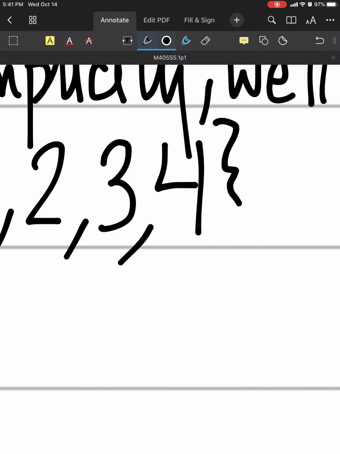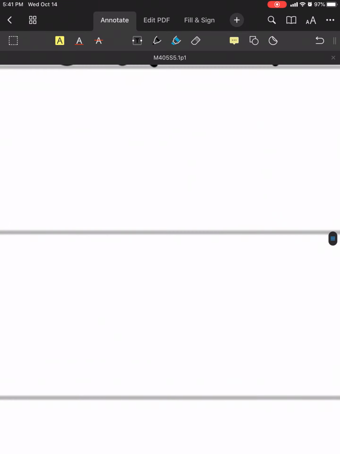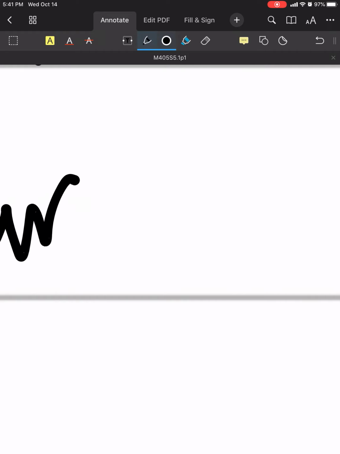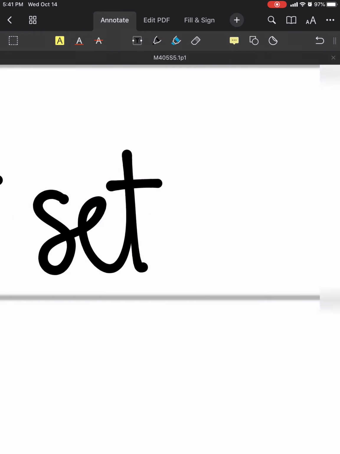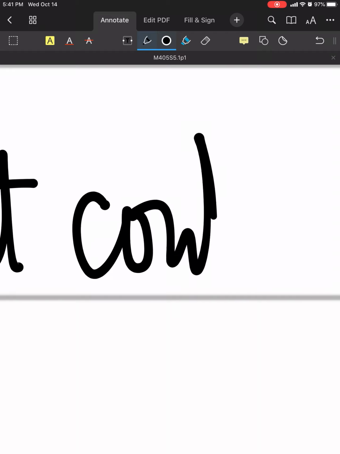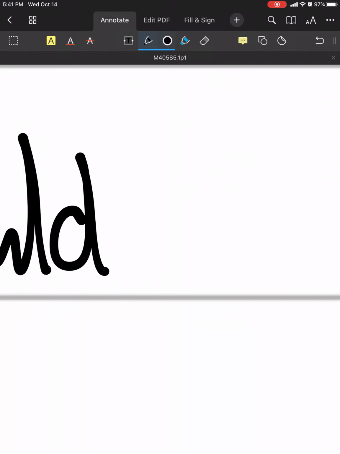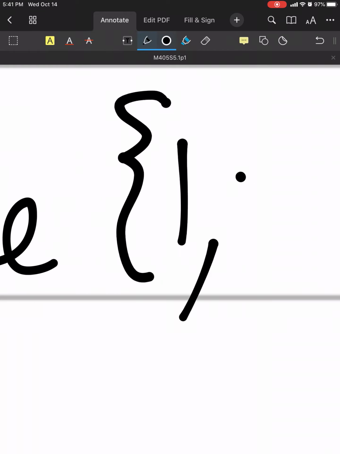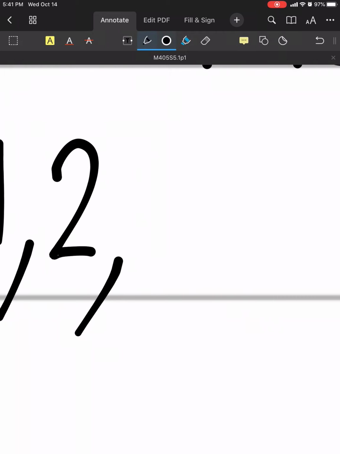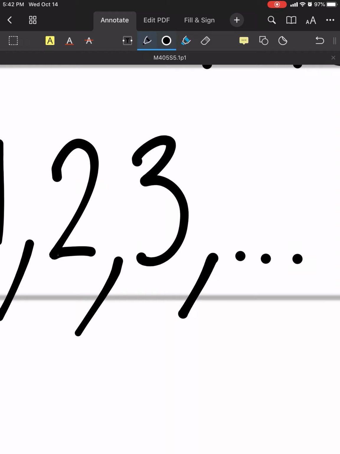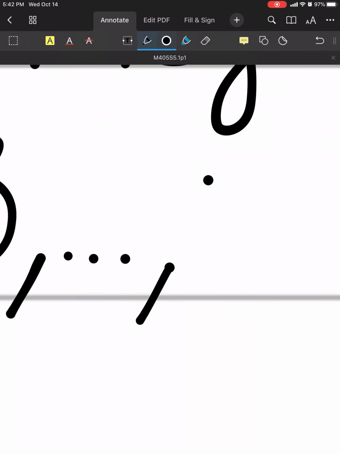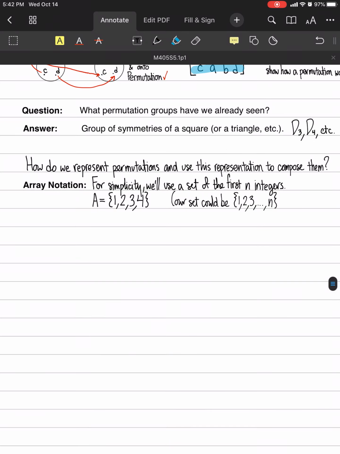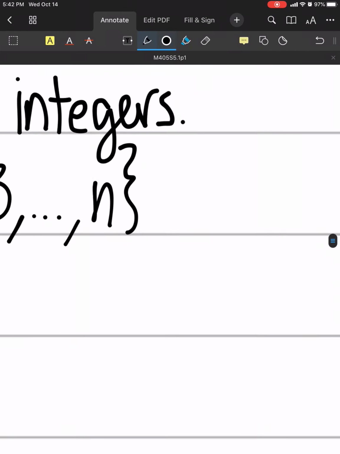In this case, it's going to be 1, 2, 3, 4, but our set could be 1 up through n. So we could have a set like that. That would work just as well. But here we're just going to use 1, 2, 3, and 4.